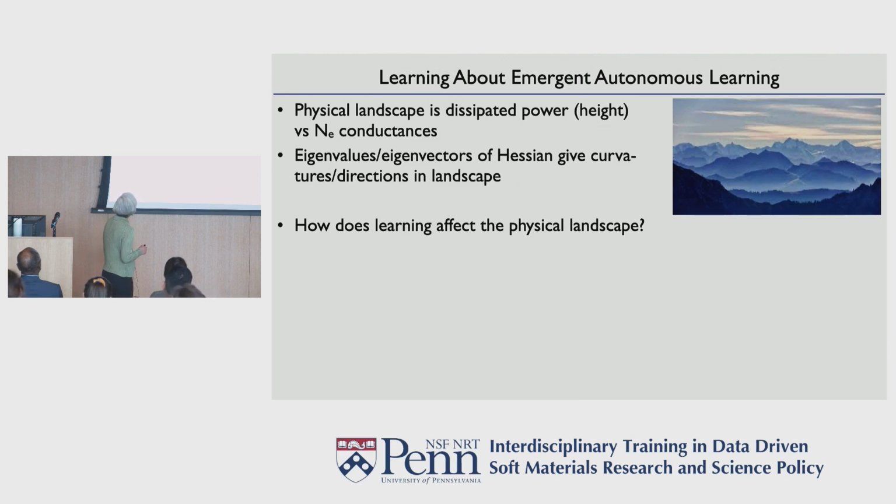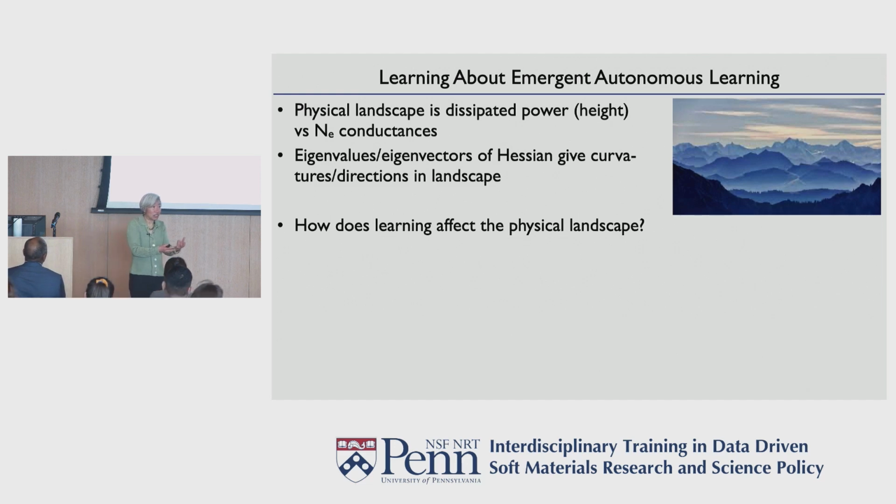But I could also look at the physical landscape, which should be the dissipated power versus the voltages. Okay, and I can look at the derivatives. I can look at that landscape, and I can look at the eigenvalues and eigenvectors of the second derivative of this. I'm sitting at a minimum, so the first derivative is 0.